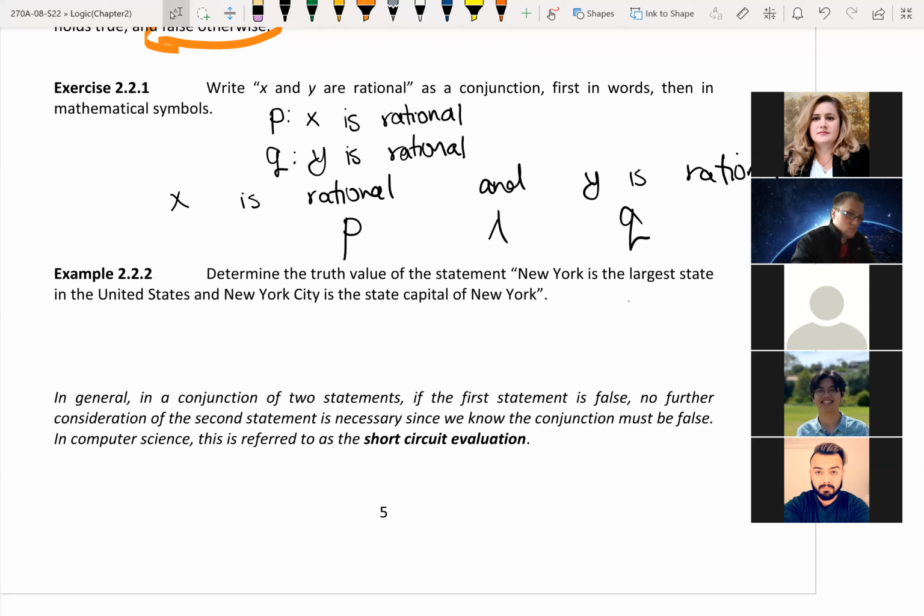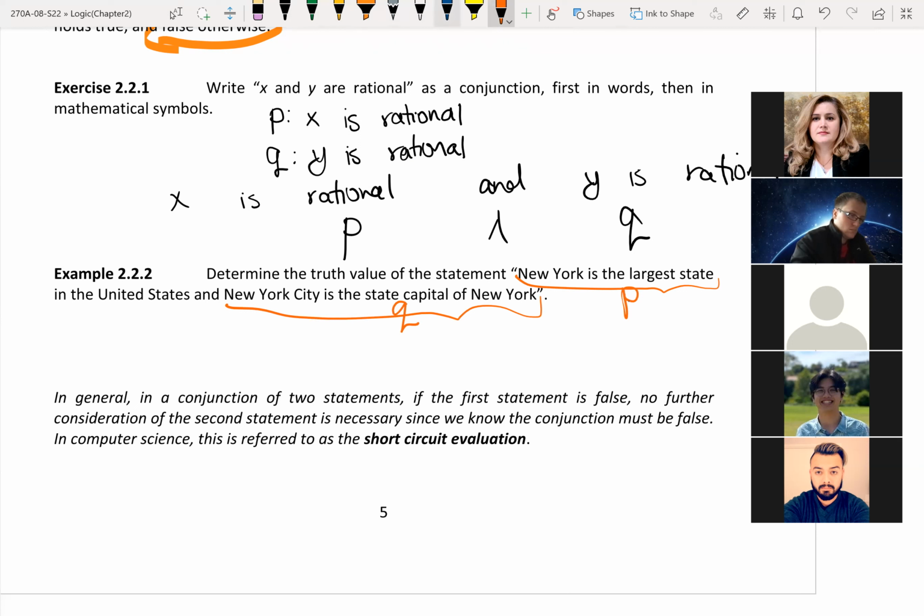You're welcome. So next example: determine the truth value of this statement. First, New York is the largest state. The second, New York City is the capital of New York.